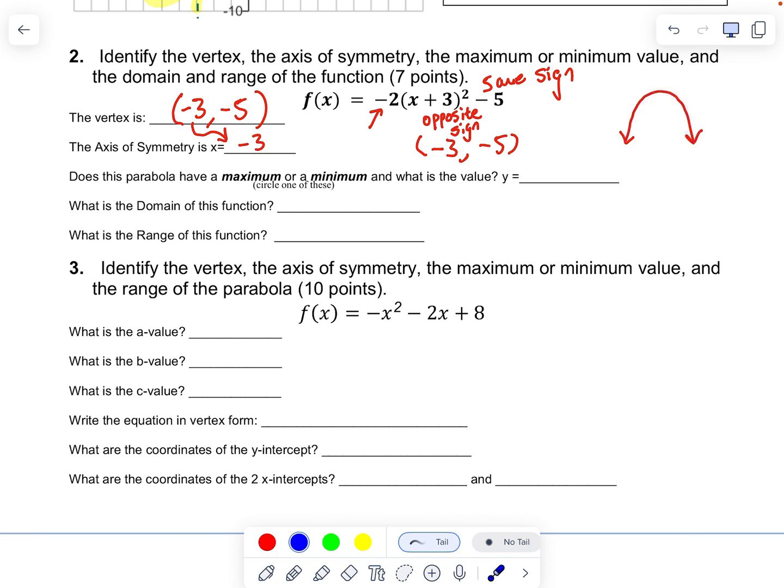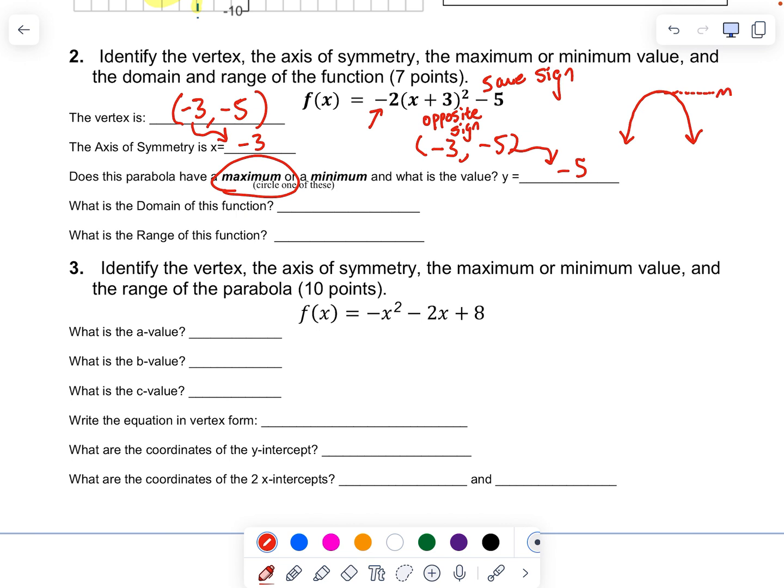So this has a maximum. And that maximum value is always going to be the same as the y-coordinate of the vertex.